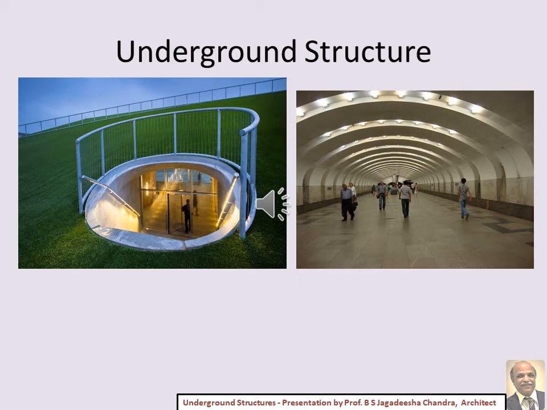You can see similar things at the entrance of subways, and in New Delhi, Connaught Place, which is a very nice open space in the heart of the city. Even today it looks like an open space, but below that green lawn you will see a shopping center. So these are the various ways an architect can make use of underground structure.